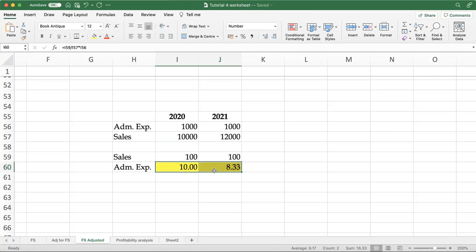So that doesn't mean your administrative expenses have declined. This happens when administrative expenses are fixed cost. Because your expense is almost the same in both years, but sales has gone up. So this kind of behavior we expect from administrative expenses.